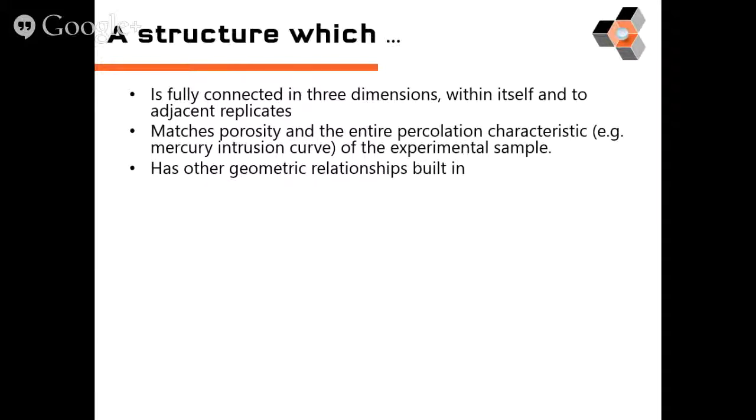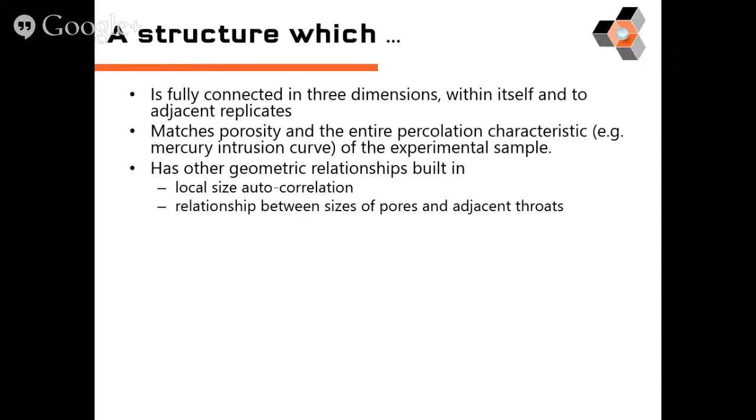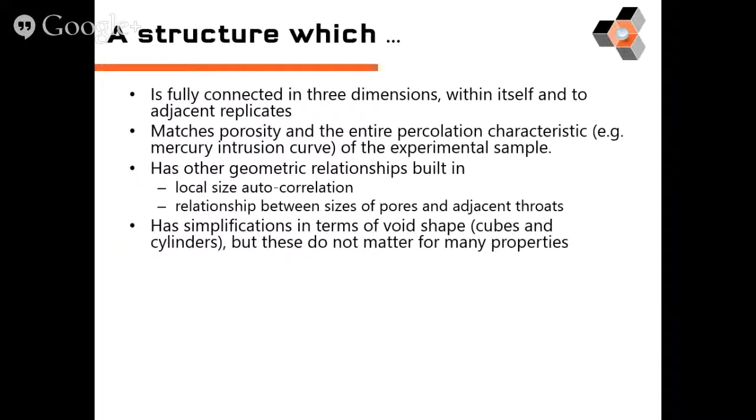Clicking again, we have achieved a structure which has got other geometric relationships built into it. For example, local size autocorrelation, the relationship between sizes of pores and adjacent throats. So it's got all of this additional information built into it. It has got simplifications in terms of void shape, cubes and cylinders, but for many properties these don't matter.